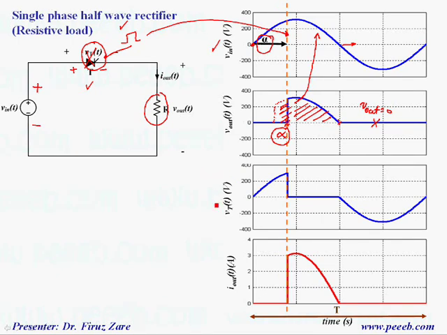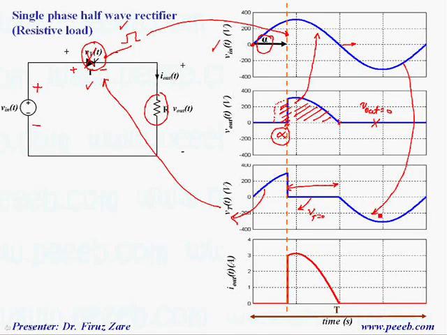If you look at the voltage across the thyristor, the time that this thyristor is off, the voltage across the resistor is 0. So input voltage appears across the thyristor. Over this period the thyristor is turned on, so the voltage across the thyristor is 0, and again because the thyristor is off, input voltage appears across the thyristor.